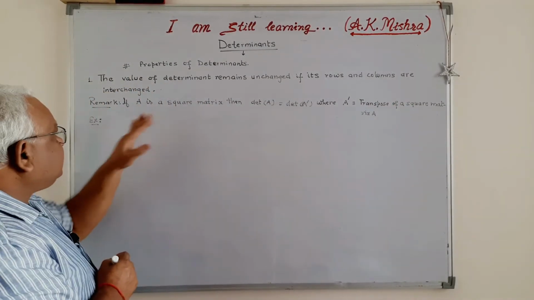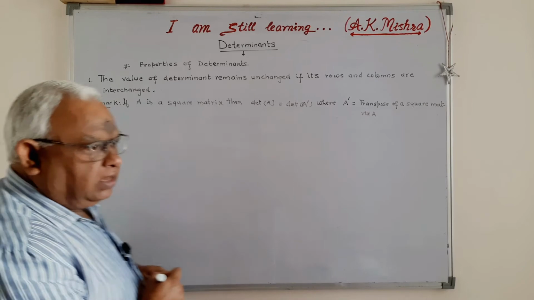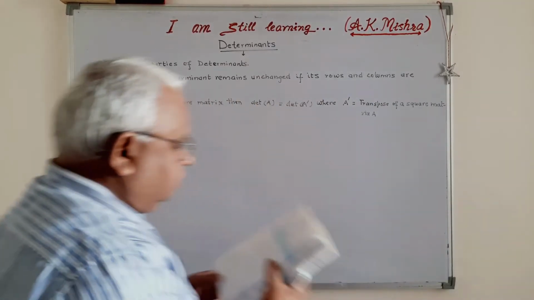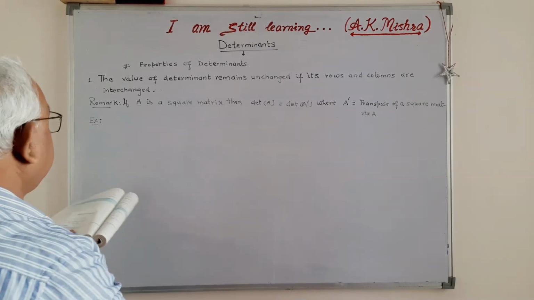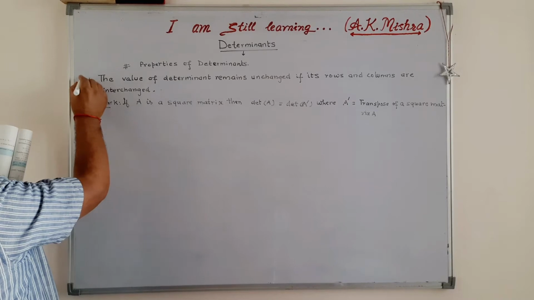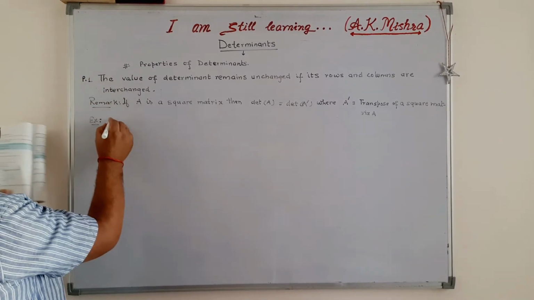Let us try to understand this property by taking an example. We call it P1, property number 1.